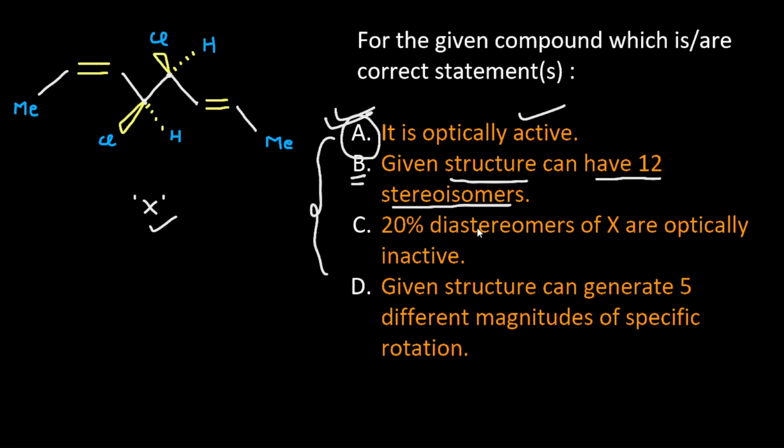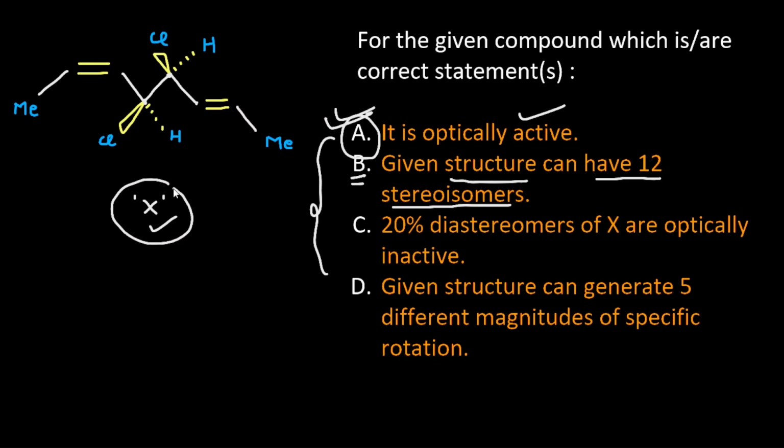It is based on structure, and it is asking that the compound X has got a structure, a connectivity between the atoms. Based on that structure, how many stereoisomers are possible?